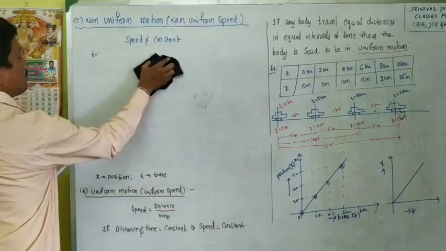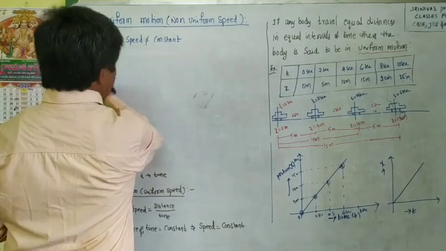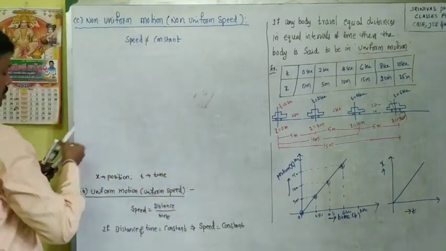Speed is variable. Okay, look at here. When the speed is variable, how to define this?